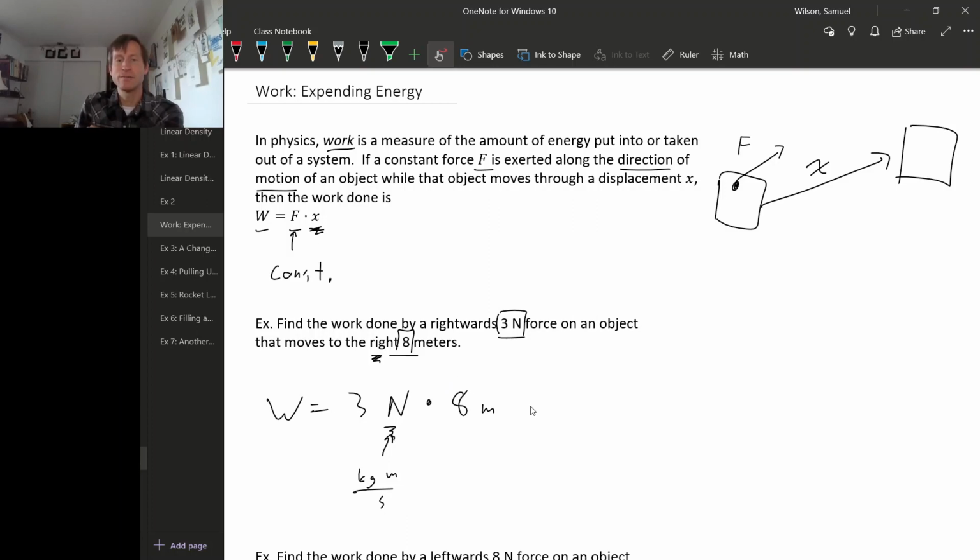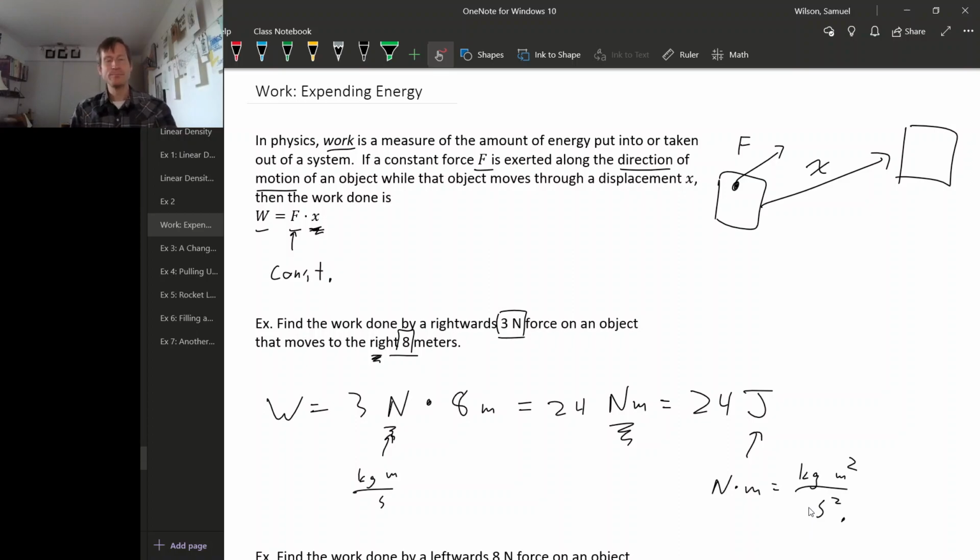So 3 times 8 is 24 Newton meters. When you're talking about work, a Newton meter is a unit of energy, and it's called a joule. A joule is a Newton times a meter, which is a kilogram meter squared per second squared.